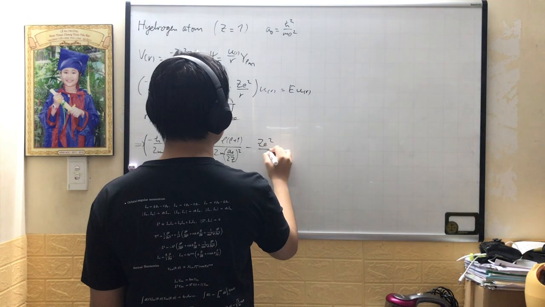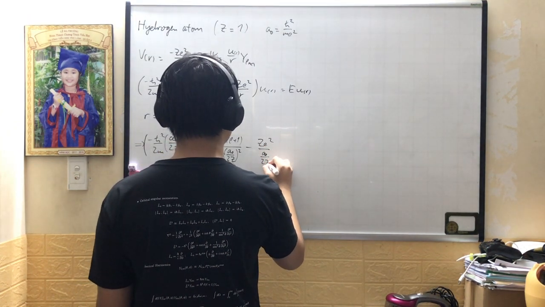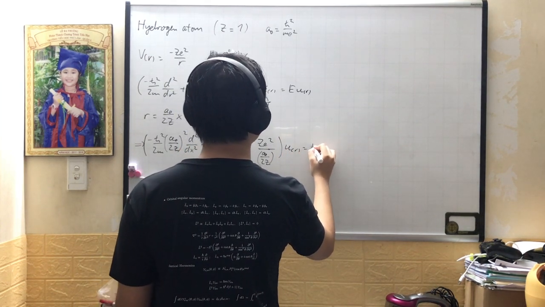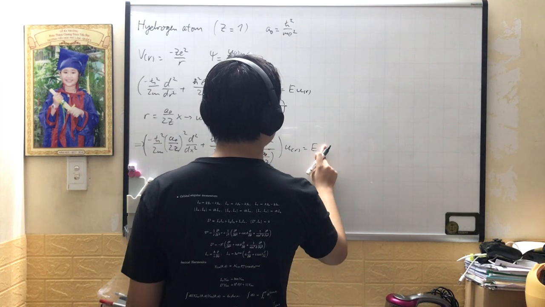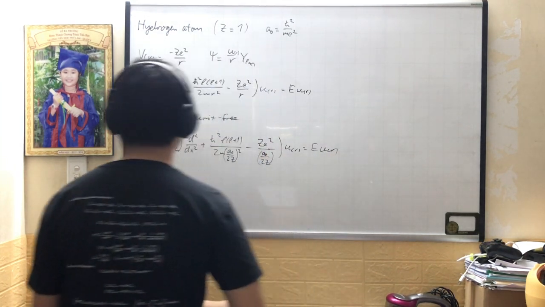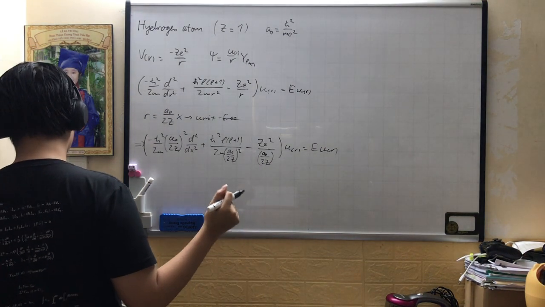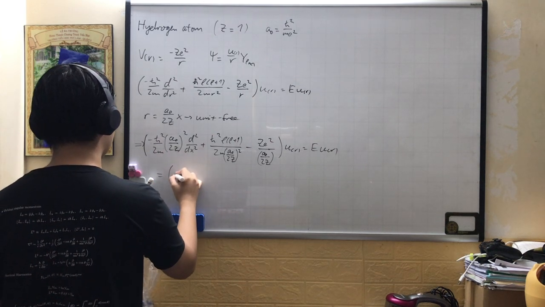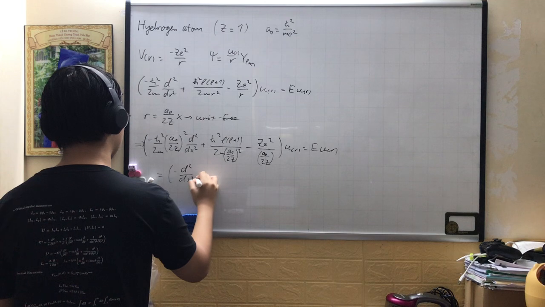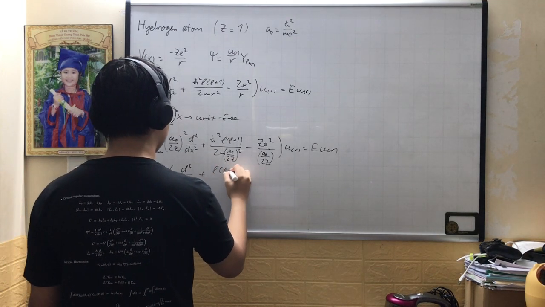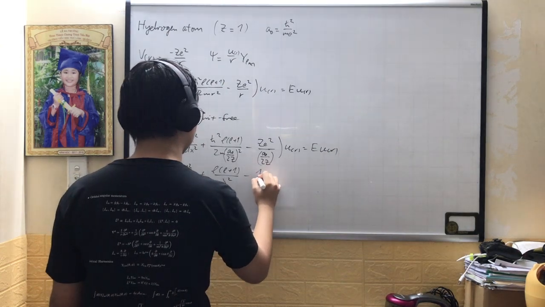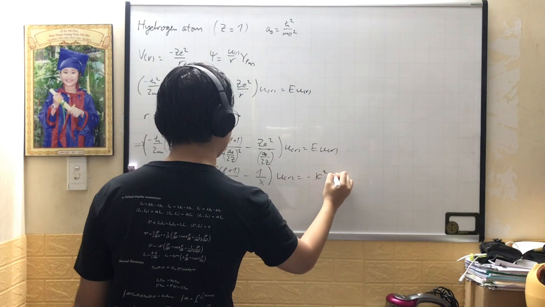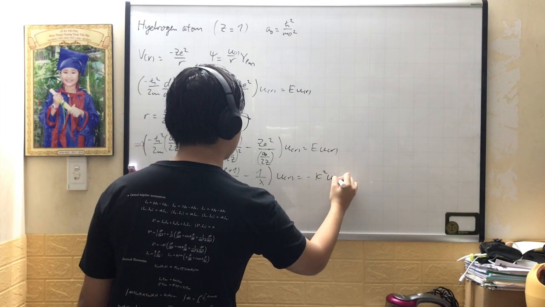Minus Z squared, r is a naught over Z. All of these are acting on u of r equal to E u of r. The final form of it is actually pretty neat. It's d squared dx squared plus l(l plus 1) over x squared minus 1 over x, all acting on u of r, equal to minus kappa squared acting on u of r.